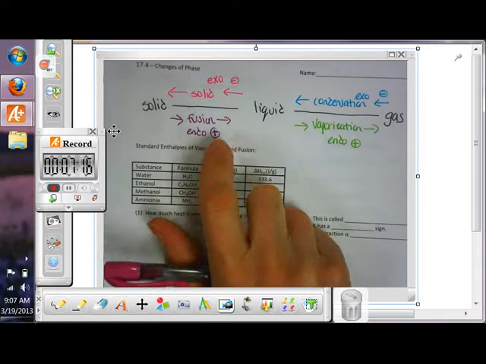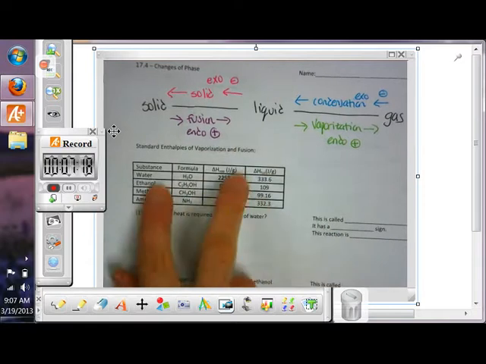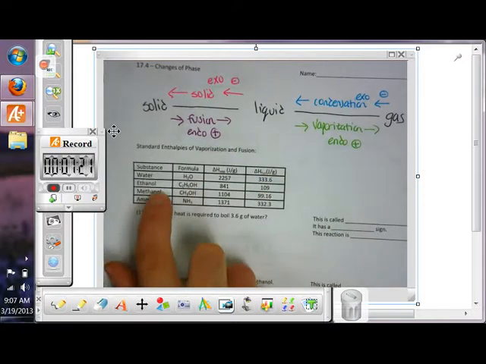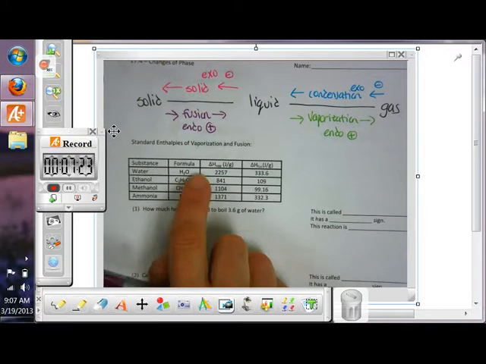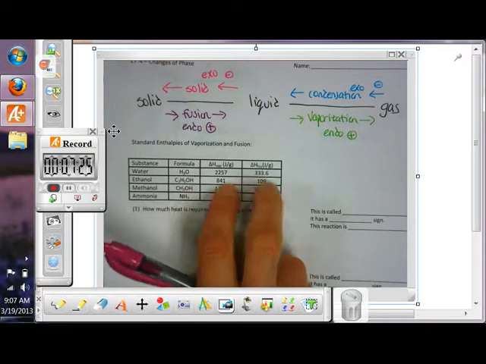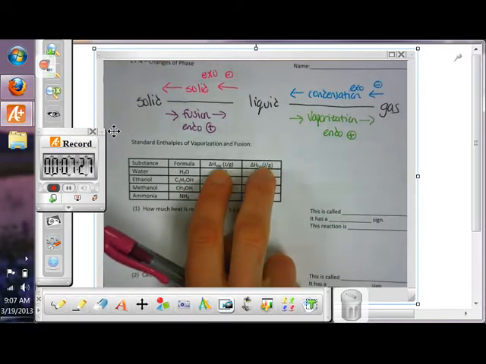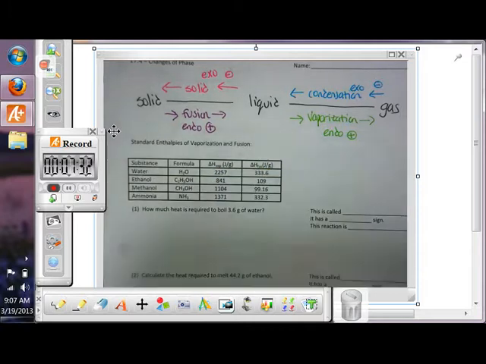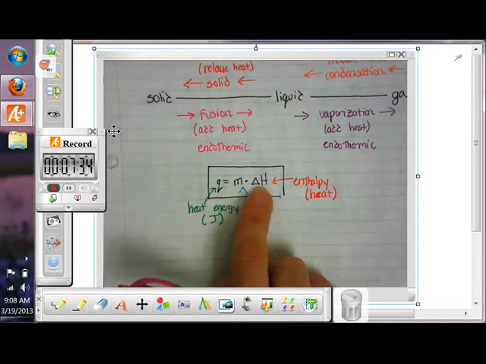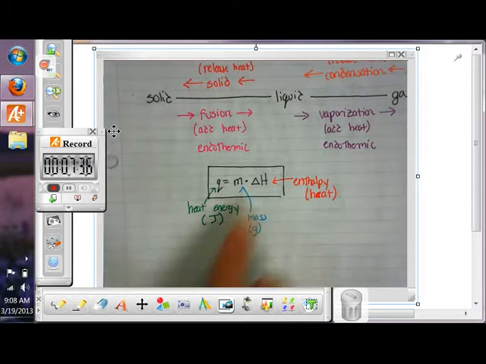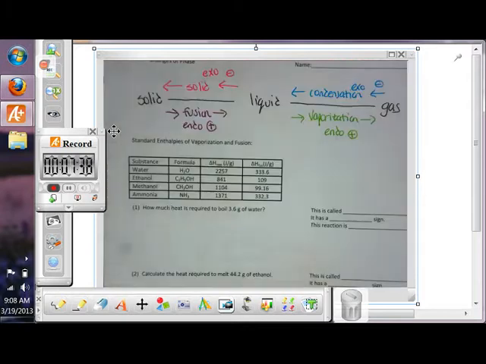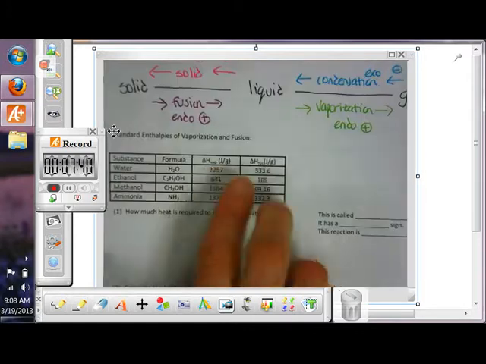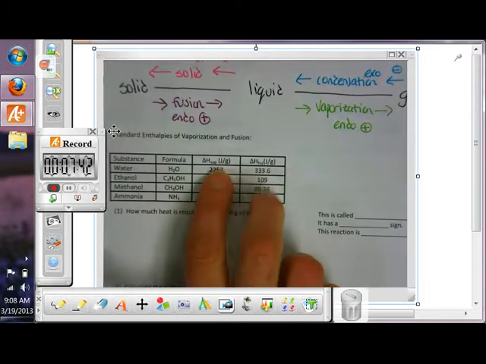So we've got this table here, and we have 4 different substances, and we have their formulas, and we have delta H values. Okay? And so these delta H values are going to be what we plug in right here for delta H. But notice I only have vaporization and fusion values.